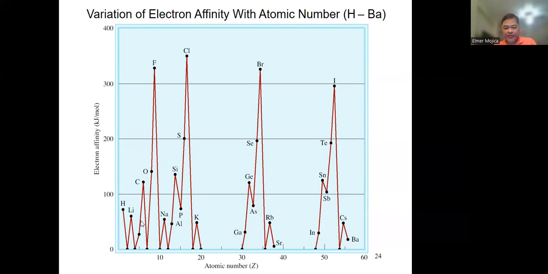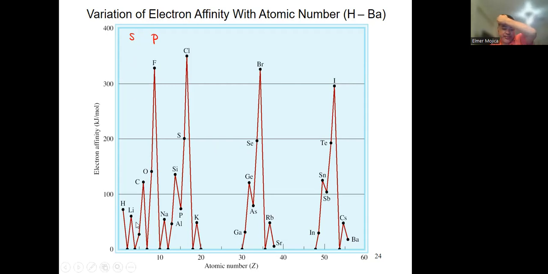So, anong pagkakaiba nito? So you have the S going to the P. Right? So if you're going to look at the S, usually yung first two ng S nababa lahat, di ba? H, and then the Na, and then the K. Okay? So it has something to do with the shift from the S orbital to the P orbital.